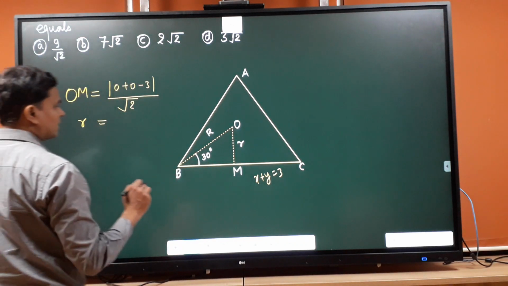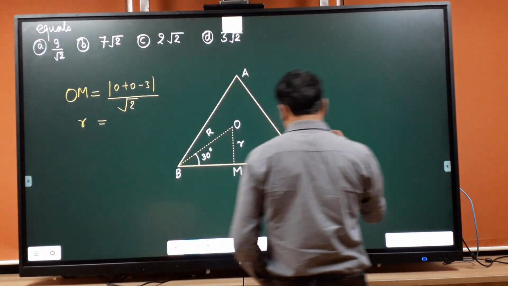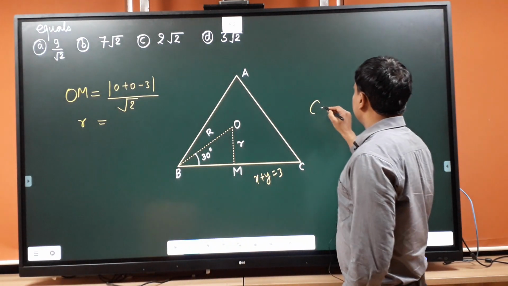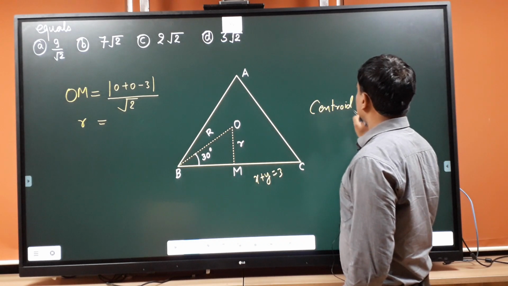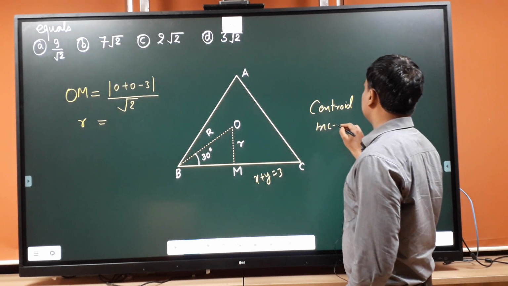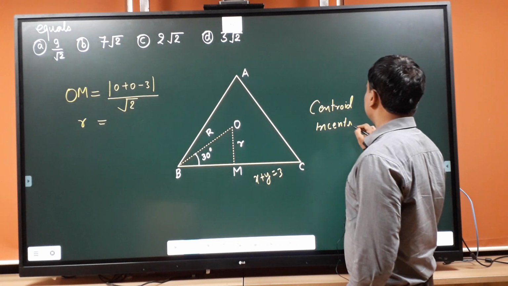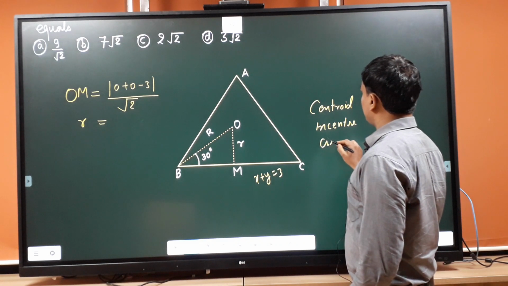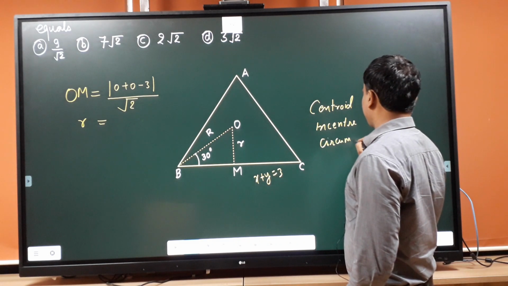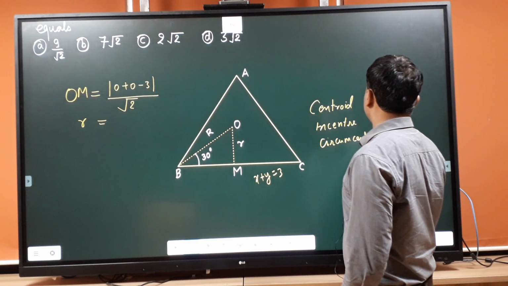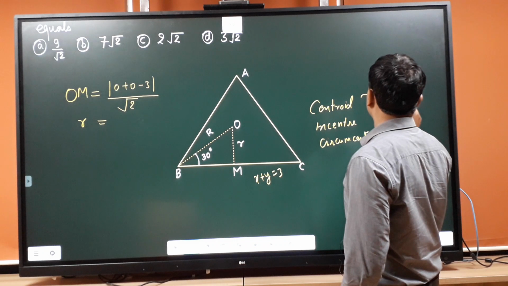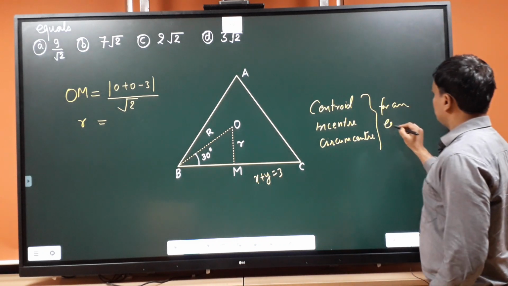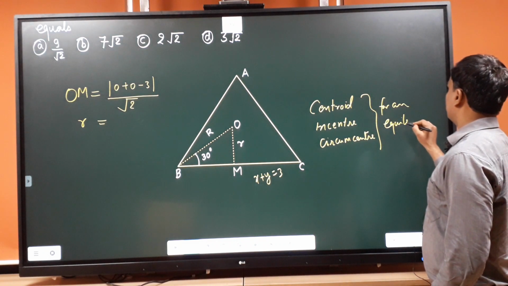So for an equilateral triangle, centroid, incenter and circumcenter are all the same.